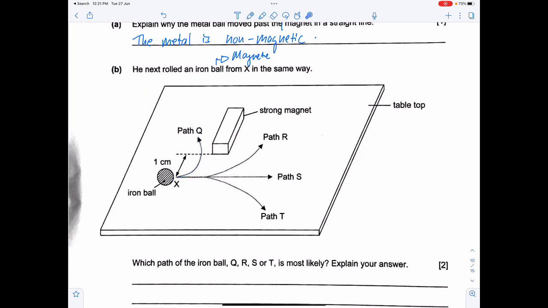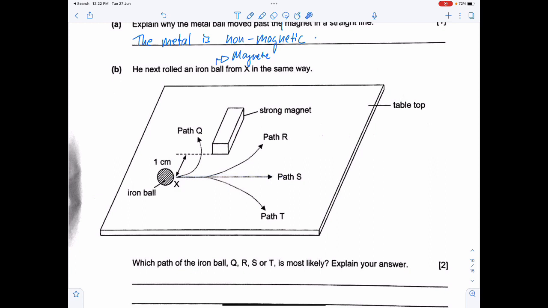That means it got repelled. In order for it to happen this way, firstly, you will need to push the ball in this direction, which is not the case. Secondly, it has to be a magnet, and somehow the poles happened to be facing each other and then it got repelled away. So Q is out.